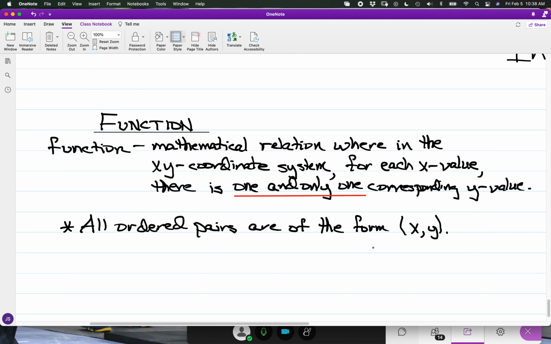In terms of what is referred to as x, x is going to be the independent or input variable.